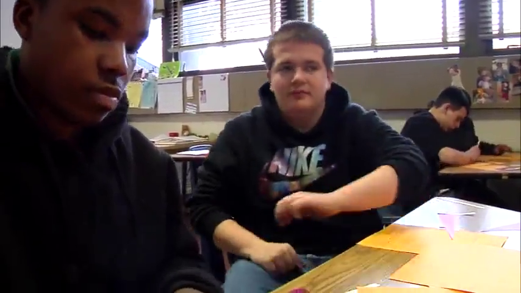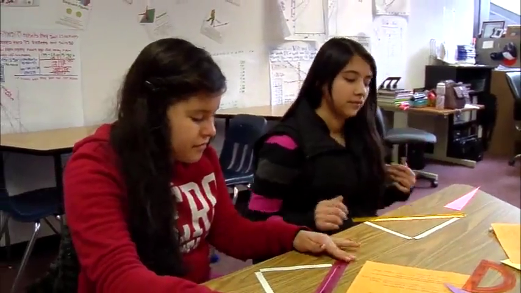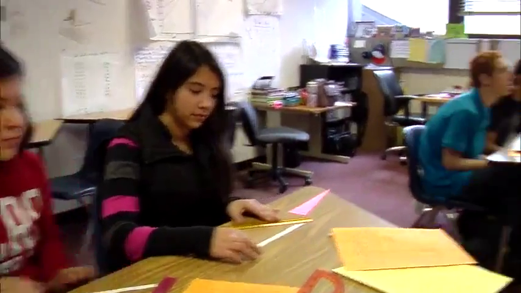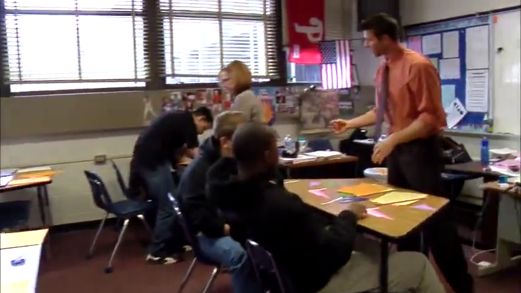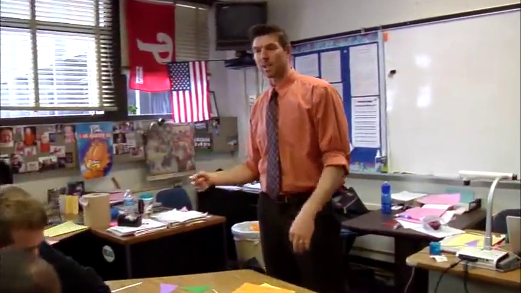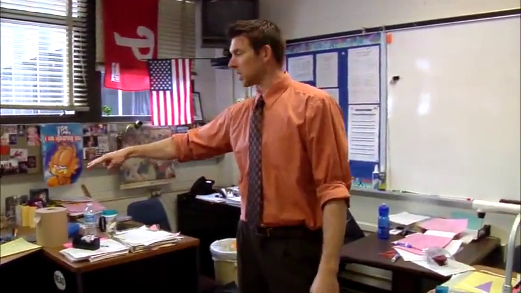I've taught some of the higher level classes here, and it is by far the most rewarding opportunity to work with this group, simply because of the ability to see when something connects. You all chose different sides and different angles, and yet when you and your partner did this, you ended up with the same triangle.